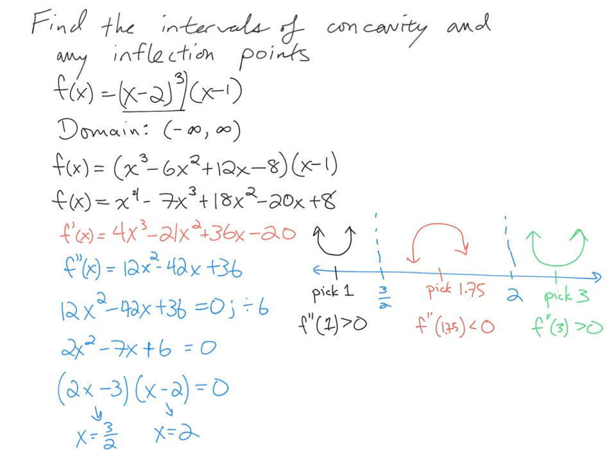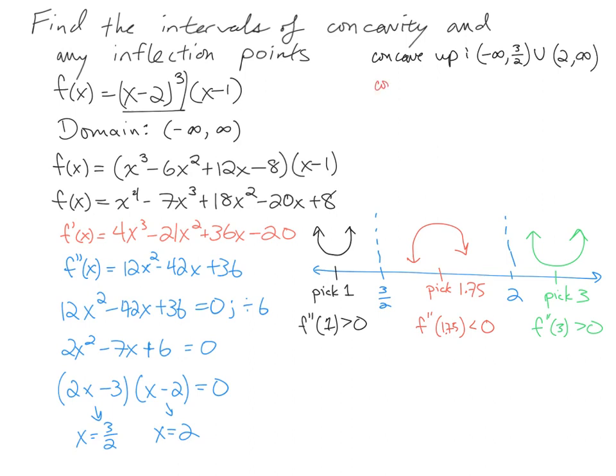All right, so how do we answer everything here? So we can say concave up, and we have two intervals where this is concave up. It would be negative infinity to 3/2, and then from 2 to infinity.